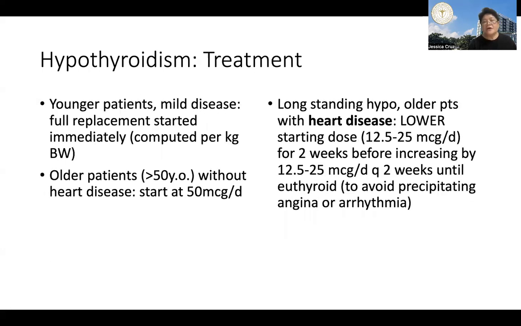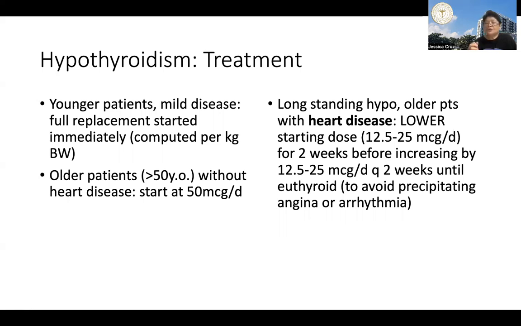Now, for younger patients or those with mild disease, we start the thyroid replacement right away, with the computation per kilogram body weight. For older patients, those over 50 without heart disease, we usually start the dose at 50 micrograms per day.